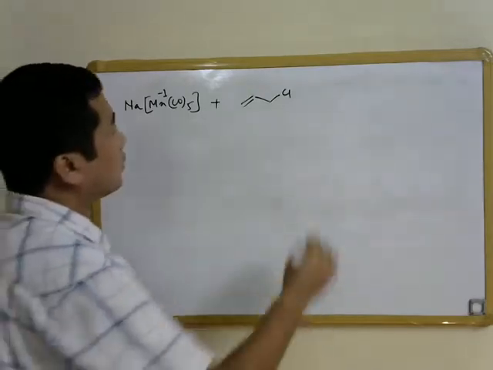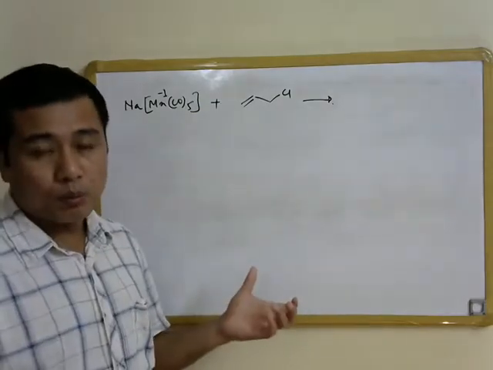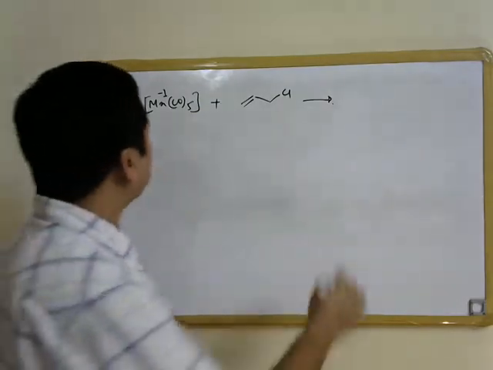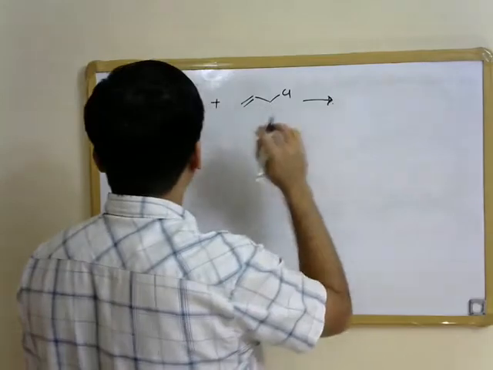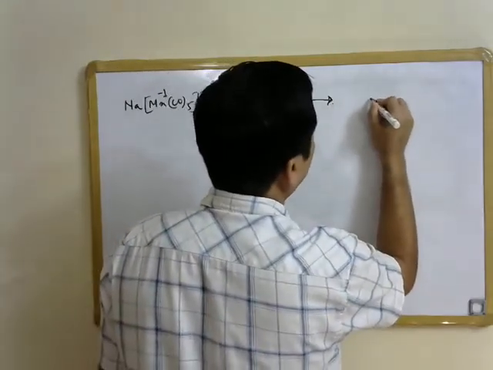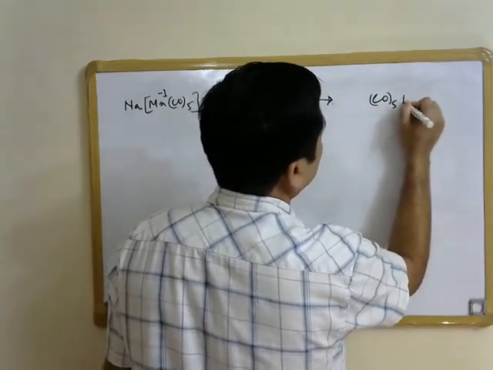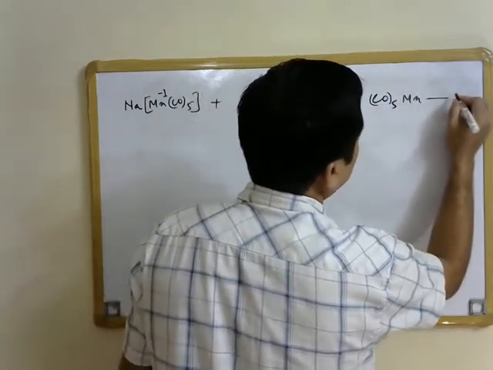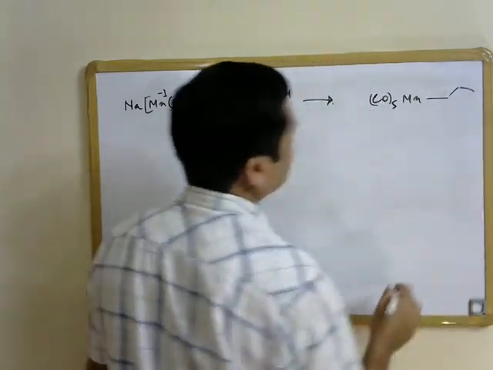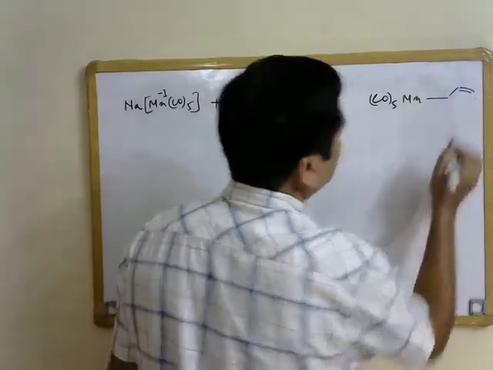So now we will have a sigma allyl complex. One of the sigma orbitals of the allyl ligand will essentially bind with the metal center over here, so we'll have formation of a sigma allyl complex.